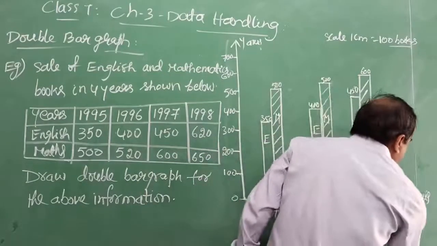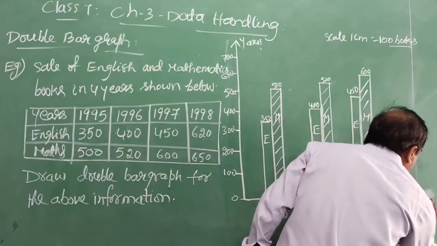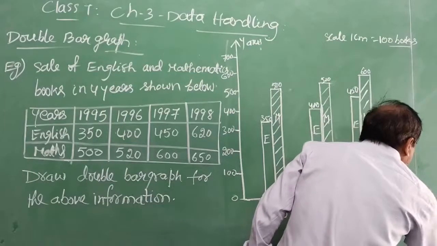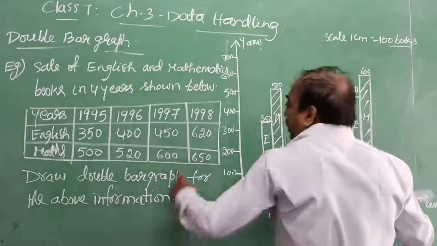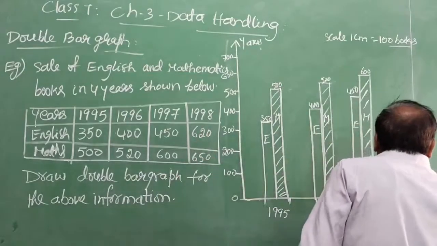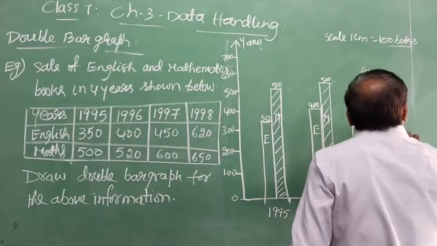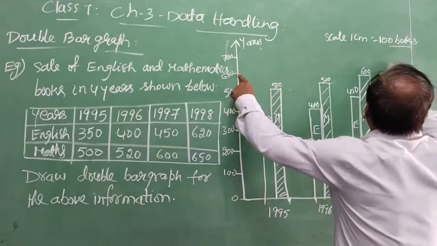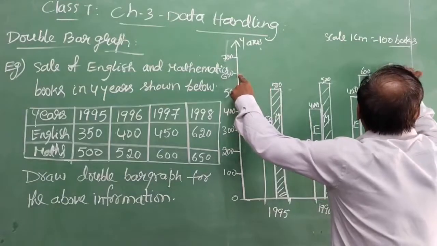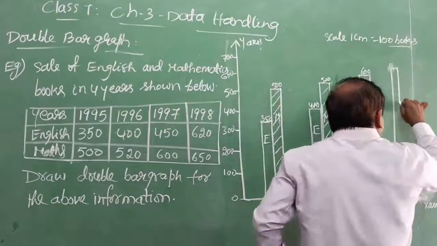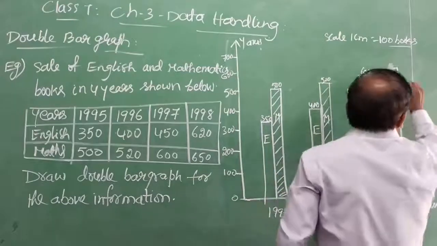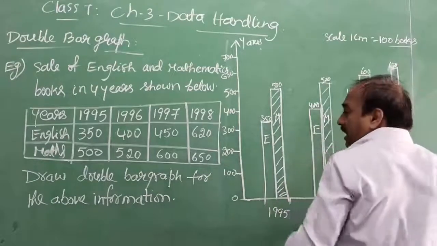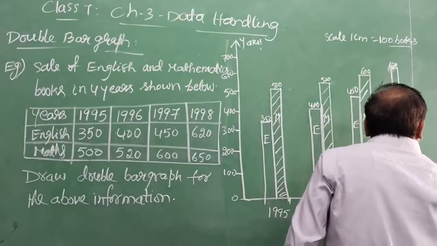And then one more year is required on the X-axis. Again, the last but not least, 620. 620 is after 600. There are small two lines in your graph book. This is 620. That is English. And now maths is 650.